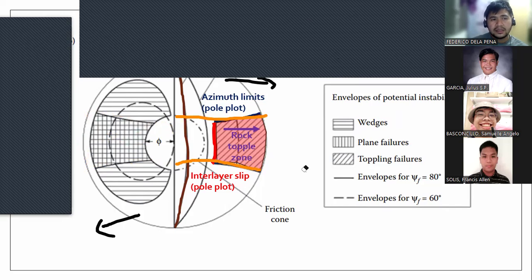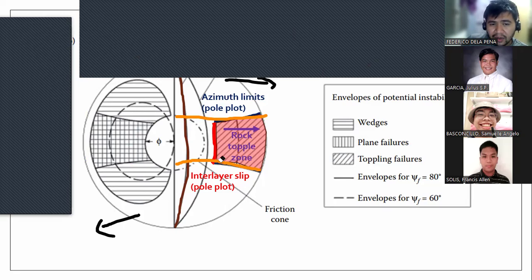So it's quite confusing, but you're basically flipping it once to apply criteria one, which actually wants the discontinuity azimuth to be opposite of the rock slope face. And then you're flipping it again to convert from arc plot into a pole plot. Okay.